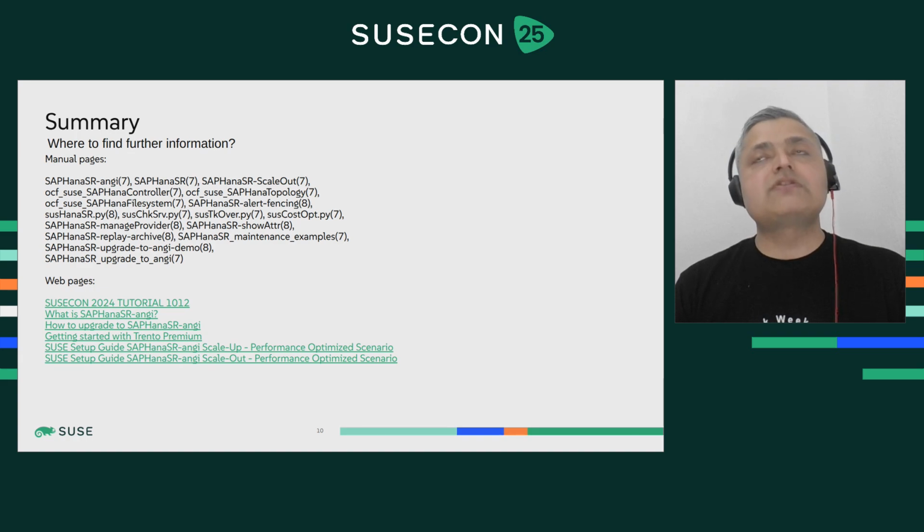And then there are two setup guides, one for scale up performance optimized, another for scale out performance optimized, for SAP HANA SR-angi. And as I said in the previous slides, for other scenarios, we can expect that the setup guides will be available in due course of time.